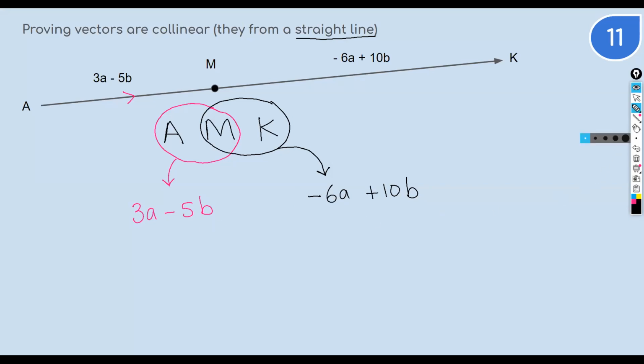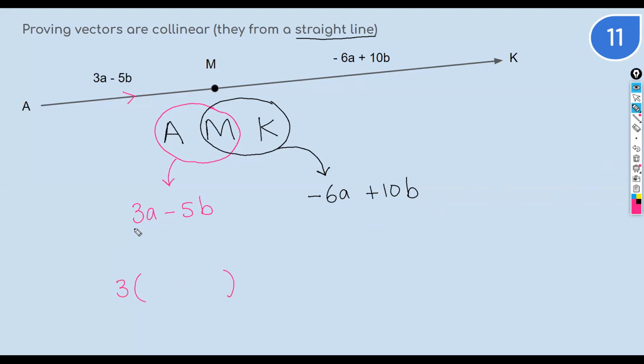So to prove they are collinear, you have to factorize the pink expression and the black expression. So let's do that now. For the first expression, I'm going to pull out 3. Because when you don't know what to pull out, just take the first number and pull that out, right?